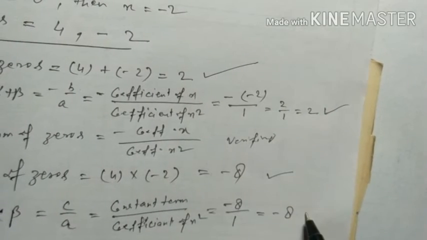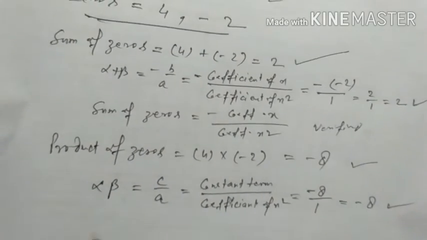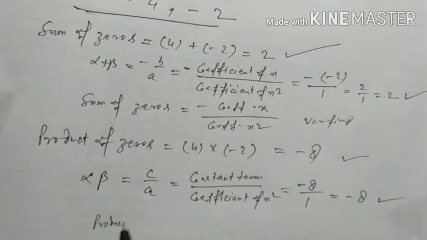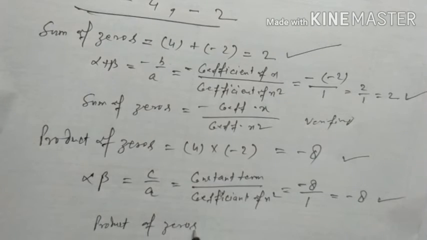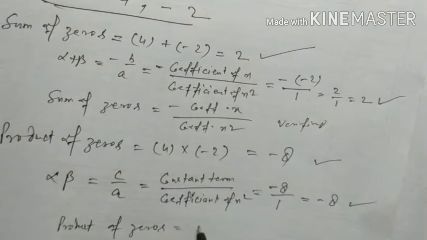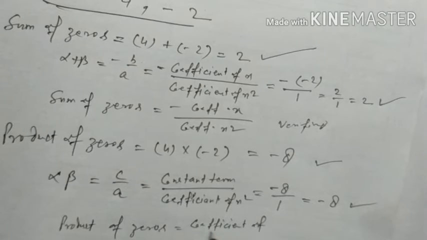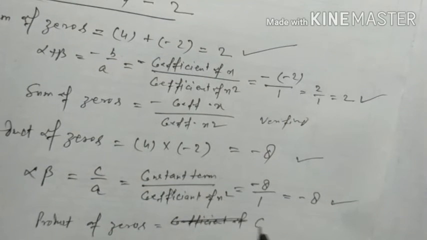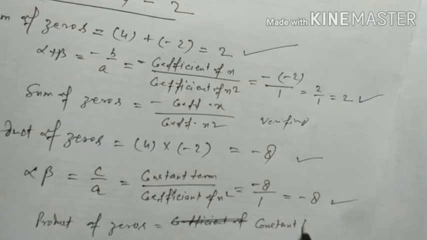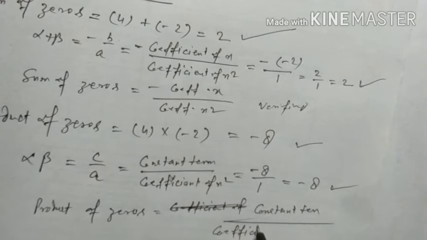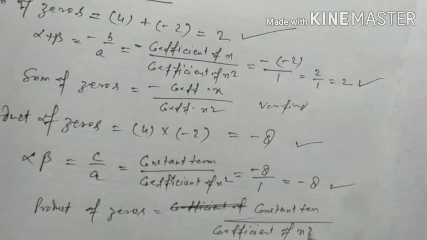So here minus 8 and here minus 8. So the product of zeros equals constant term upon coefficient of x square.